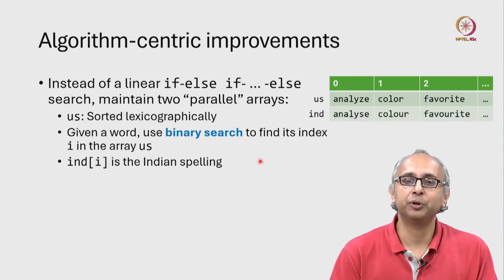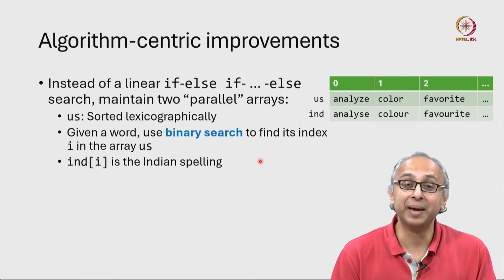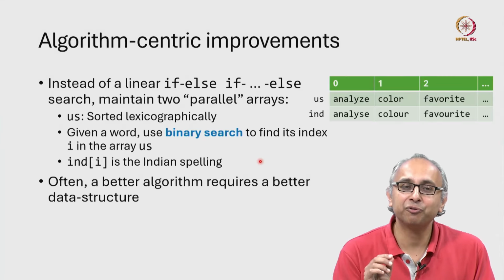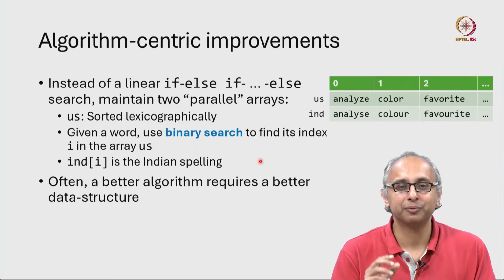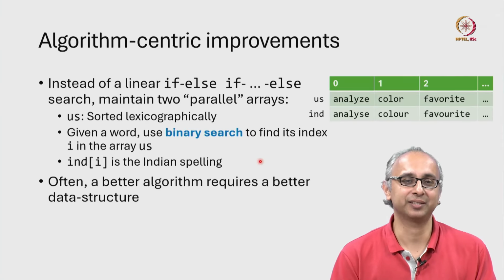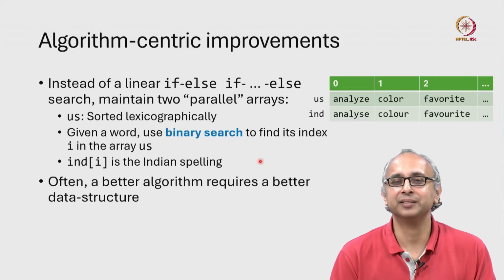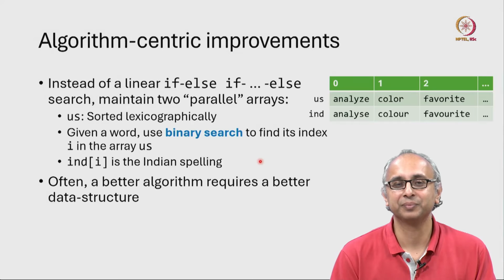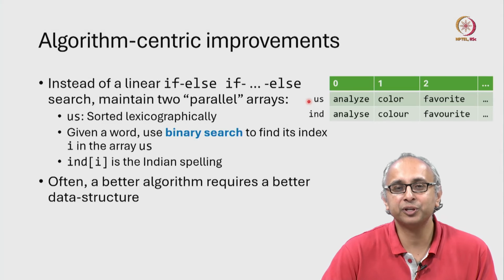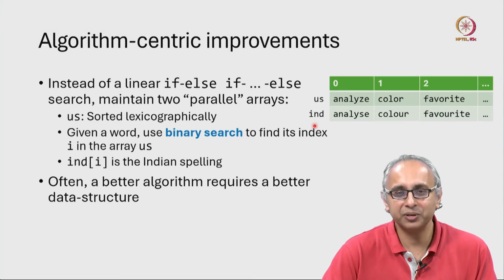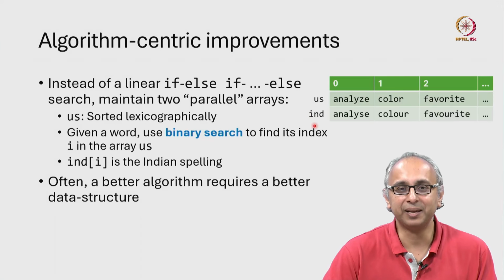Now often if you want to implement a better algorithm, you often need a better data structure. Now, can you think in this context of a better data structure? Well, we are dealing with the US version of a word and the corresponding Indian spelling.